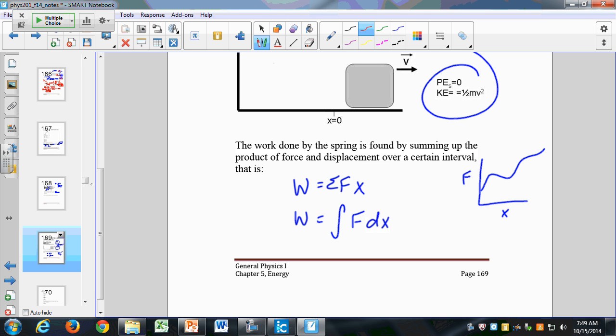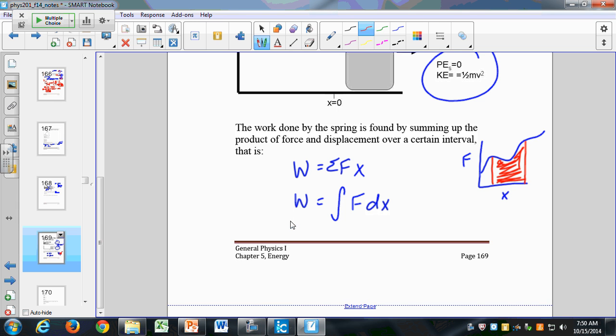So the integral over a certain interval is just the area under that function. It's nothing fancier than that, but it involves limits as well, because you let those steps go down to an infinitesimally small value, and so you get an actual value for the integral. All right, so I want to take the integral of F dx.